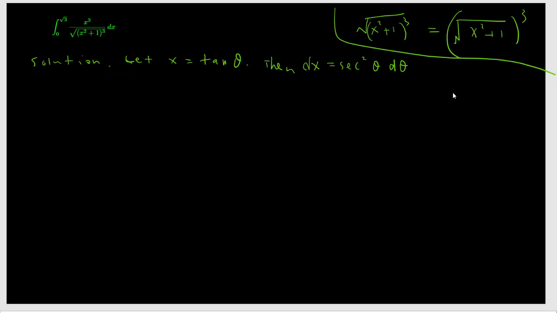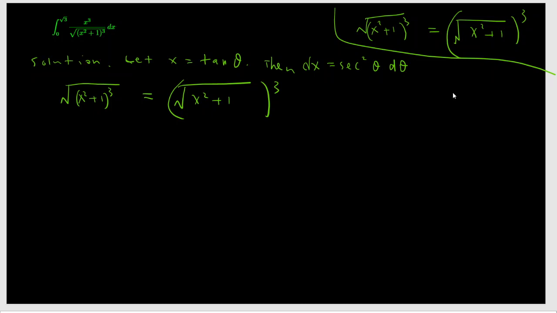And then the main thing is how we can get rid of the radical. Okay. I'm going to rewrite the radical in slightly different form. The given radical, so now let's say x squared and then plus 1, the whole thing to the power of 3. I told you earlier it's the same thing as square root of x squared plus 1, now the whole thing to the power of 3. They're the same thing.